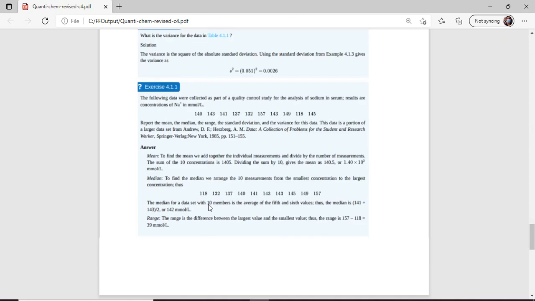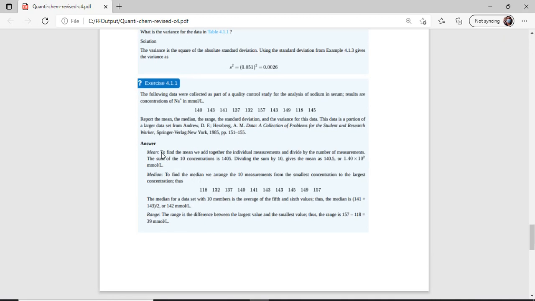Now, the answer. For your mean, it is simple. The mean is the total of all values, divided by the total number of data points, which is 10.